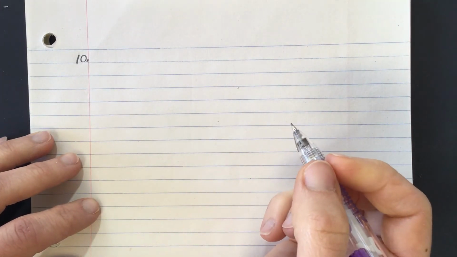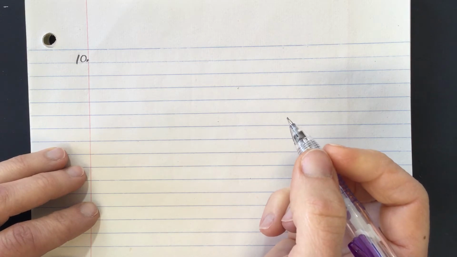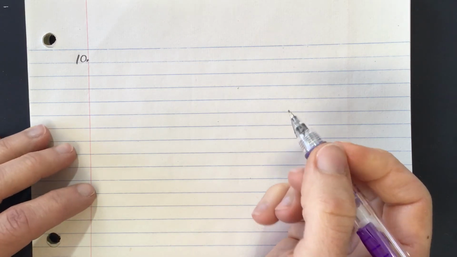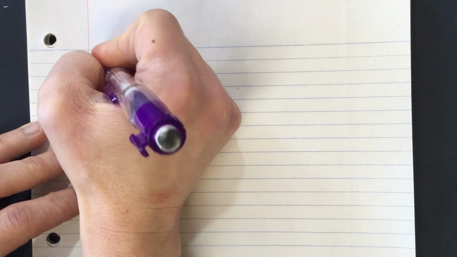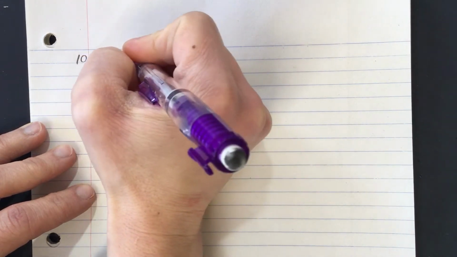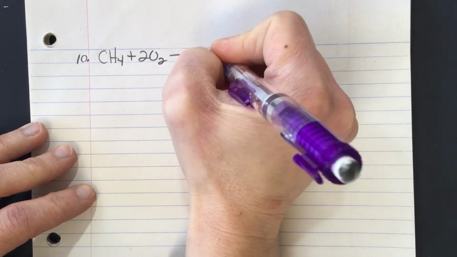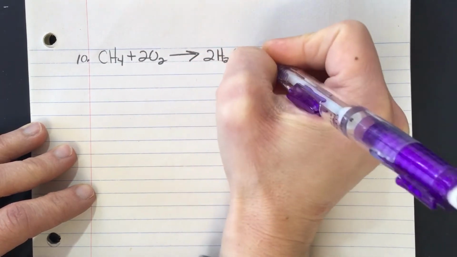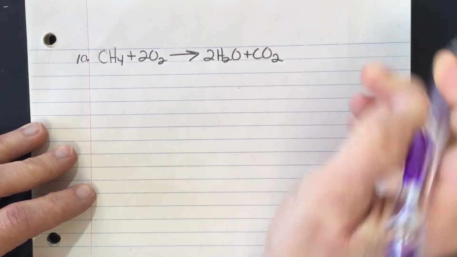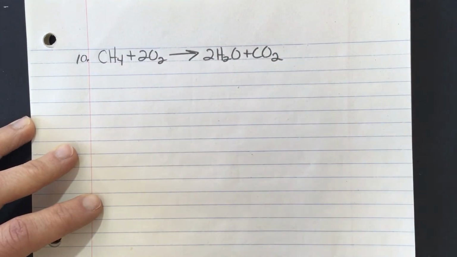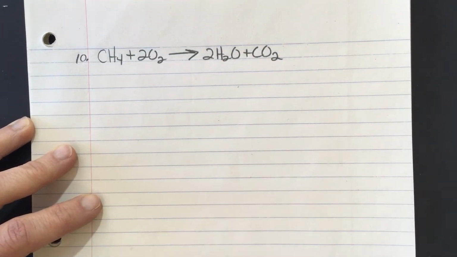When natural gas burns in a gas-burning appliance, methane reacts with oxygen to produce carbon dioxide and water. So we have this equation: CH4 plus 2O2 yields 2H2O plus CO2. So this will give us the ratios that we're working with.